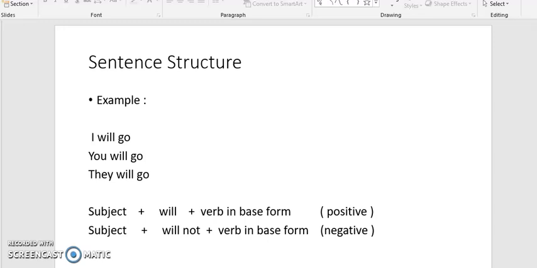For negative, we can simply add the word not after will and before the verb. So the formula is subject plus will not plus verb in base form. And please remember, children, the verb is always in base form.